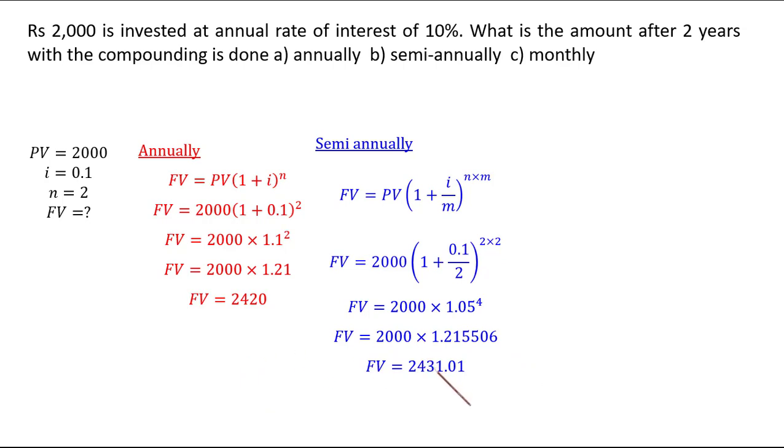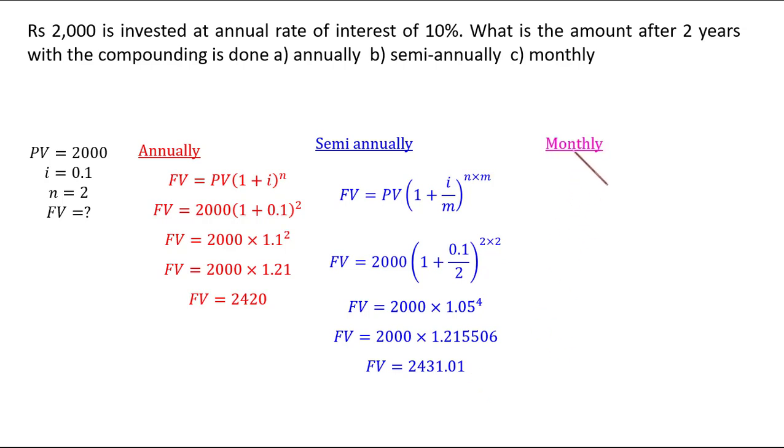So if you see, this number is slightly bigger than this number, because over here we are getting the interest only after the end of the year. Over here we are getting the interest after 6 months, and we are getting the interest on that interest also for another 6 months. So we're getting a slightly bigger number.